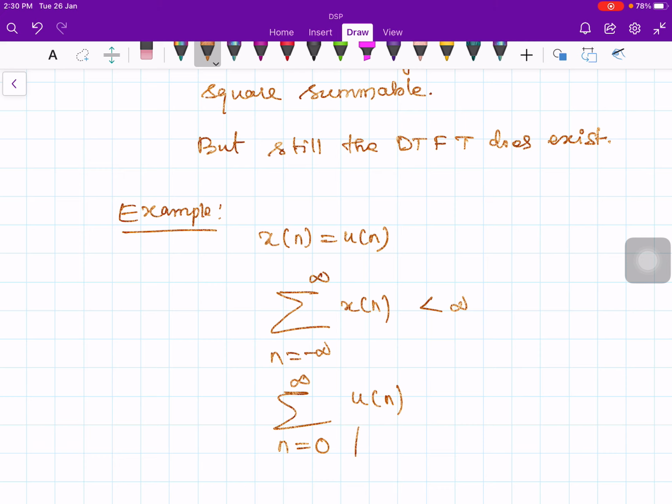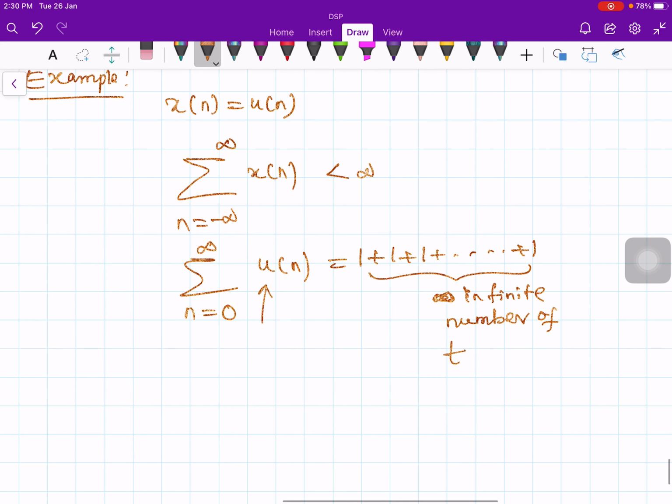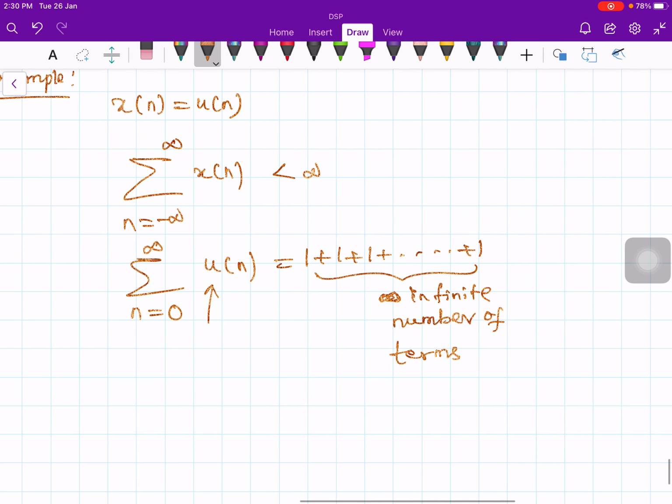Now how many samples are there? An infinite number of samples, and each sample has a magnitude of 1. So you are adding an infinite number of ones. Even though you add an infinite number of terms, it still has a DTFT.